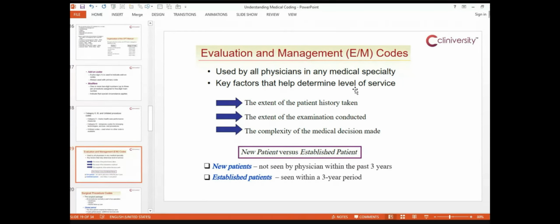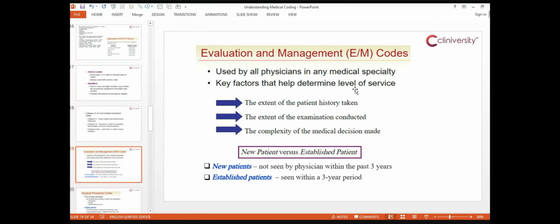Now, the key factors that help to determine the level of service they have provided are the extent of the patient history taken, which is recorded in the report, the extent of the examination conducted, and the complexity of the medical decision made. So all these three are the key factors that determine what level of service would have been provided to the patients.